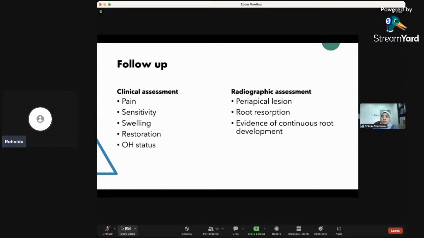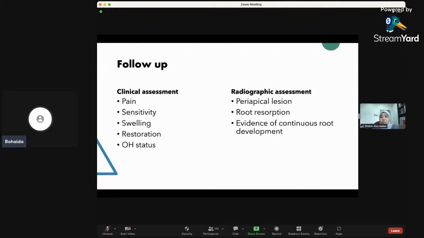You might think, oh, this is a failure of the pulp treatment, but you have to be careful. First see whether it is really the vital pulp treatment that failed, or the restoration, the coronal seal that is defective. Sometimes it's not the vital pulp treatment that failed, but the final restoration might have a leakage.